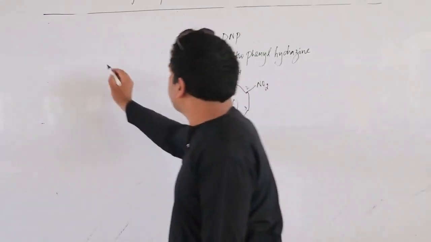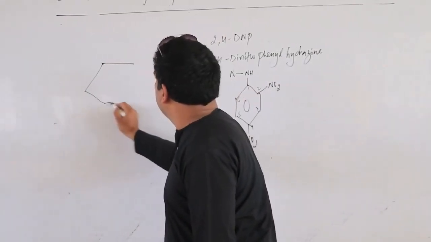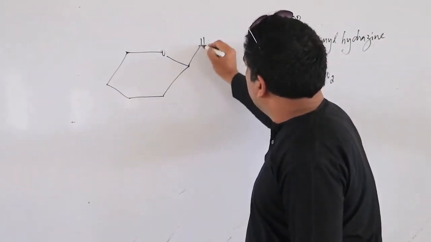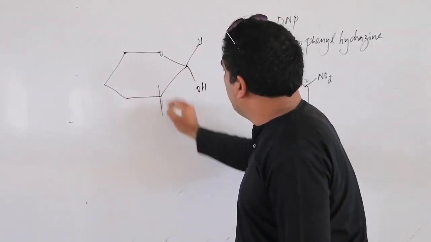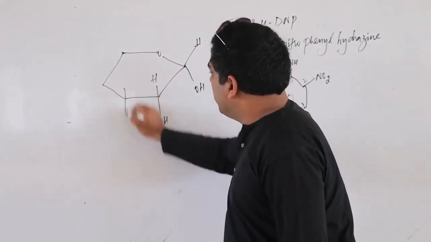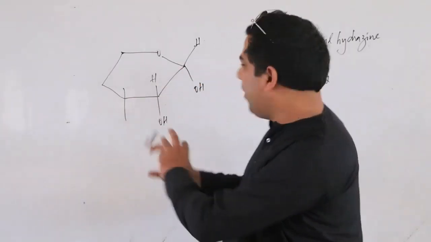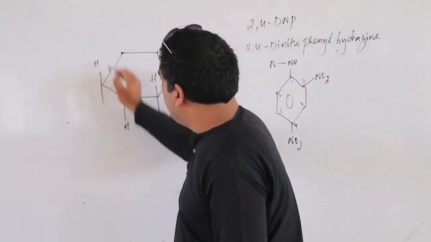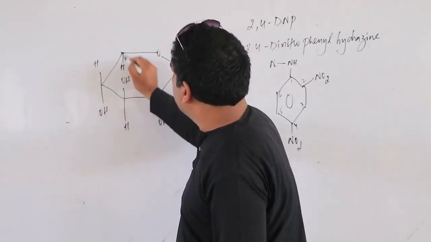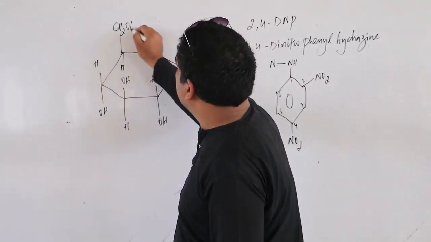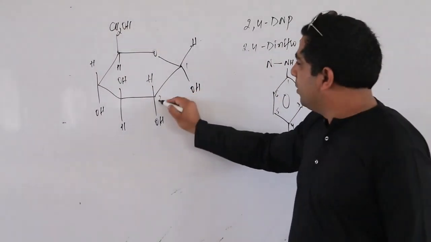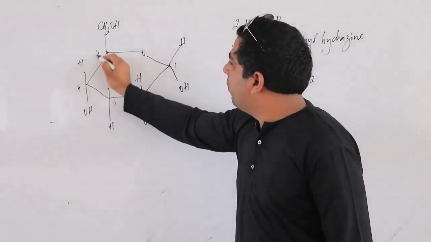Have a look. So you have a cyclic structure of glucose here with you. This structure you will learn later, but I am drawing it for you people to make you understand. OH, H, H, OH, H, and finally CH2OH. Now look here, this is your first carbon, 2, 3, 4, 5.